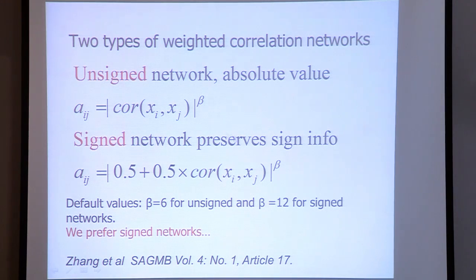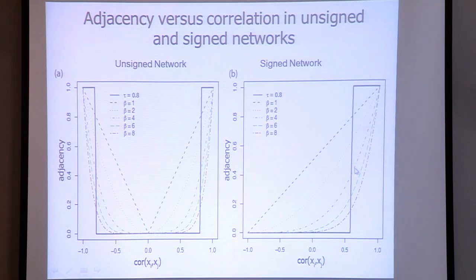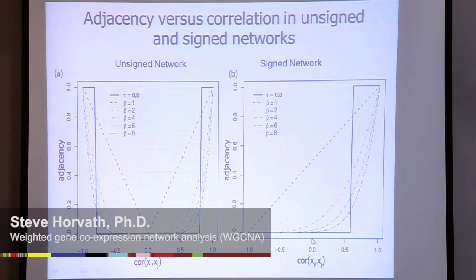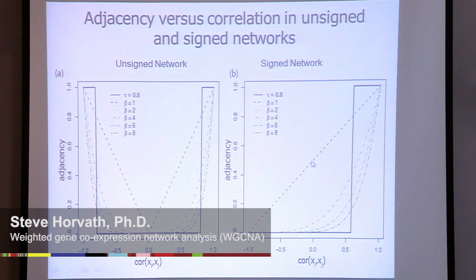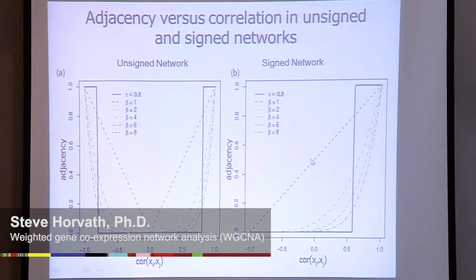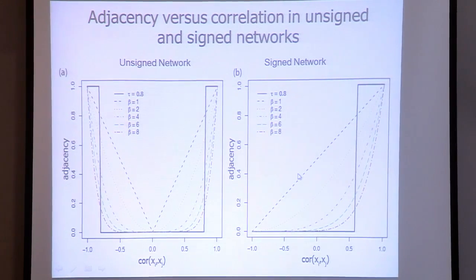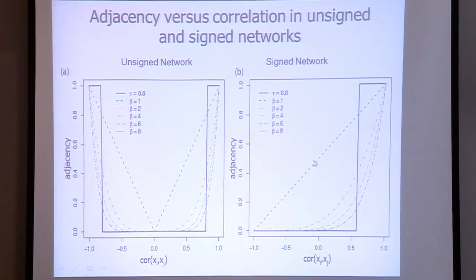Remember this power beta. Let's say we have a power of 1, then we get this straight line relationship, and it is unattractive. Why is that? Because notice if the correlation is 0, then the adjacency is still 0.5, meaning they are still connected, and that feels wrong.